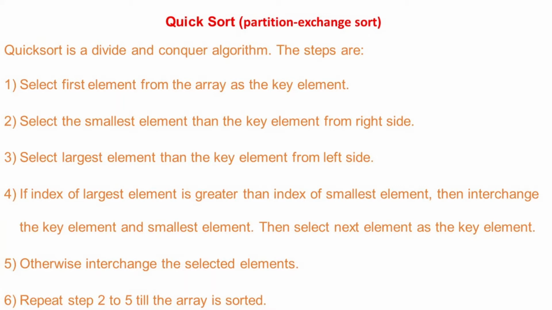Then the second step: select the smaller element than the key element from the right side. Our aim is to sort the array in ascending order. Therefore, we have to shift the smallest element into the beginning of the array and shift the largest element to the end of the array.